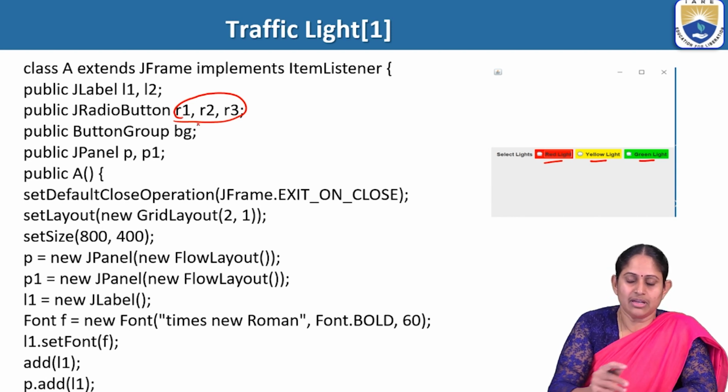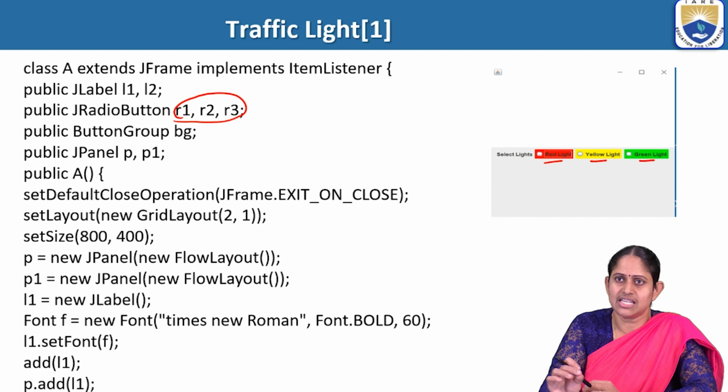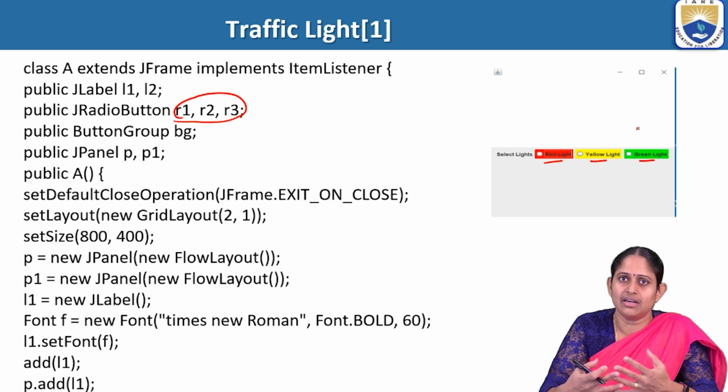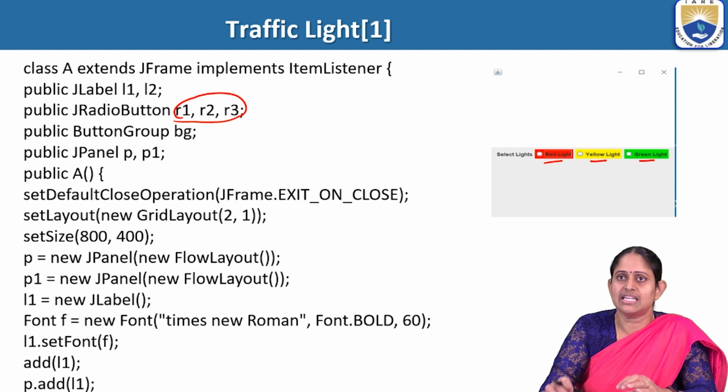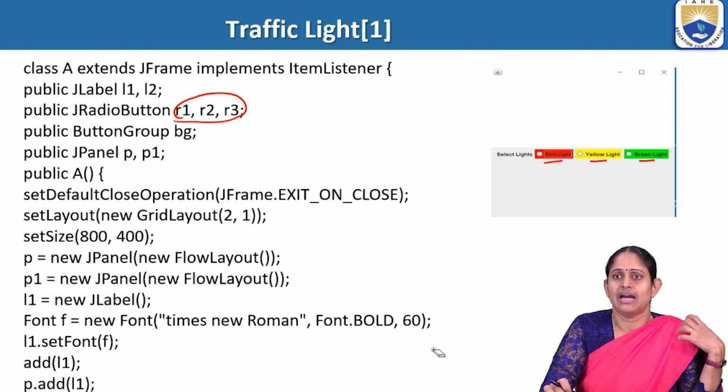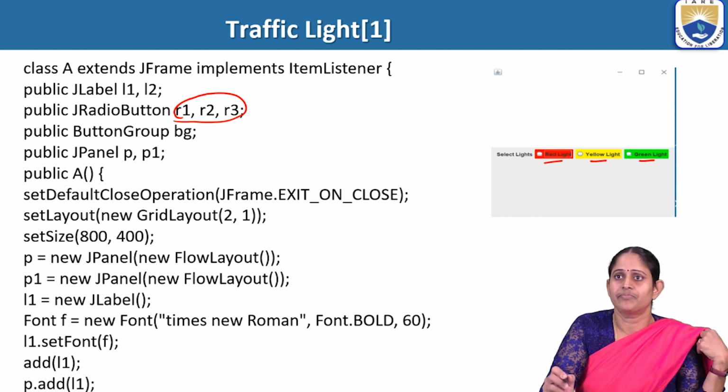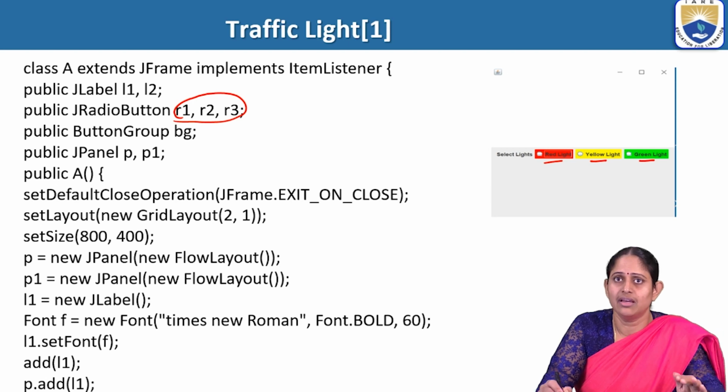A radio button means it is a set of buttons wherein we can select only one button at a time. However many radio buttons we want to maintain, they have to be kept inside a button group. When we include all the radio buttons in a button group, then we can select only one button at a time, and the other two buttons will be in off mode.